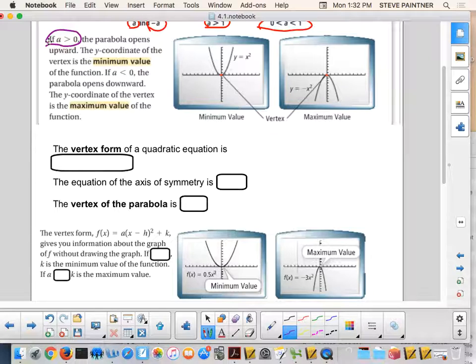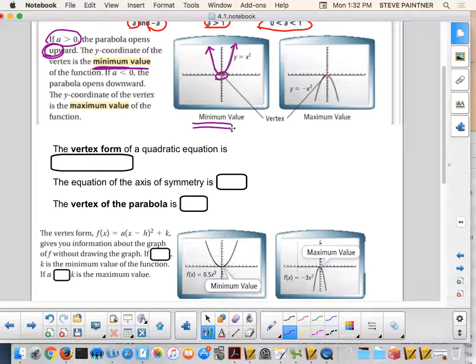So if A is positive, the parabola opens which way? Up. The y coordinate of the vertex is called a what? Minimum. If your parabola opens up because your A value is positive, you have a minimum value here. The vertex is the lowest point on the parabola. Okay, if A is less than 0, which means?